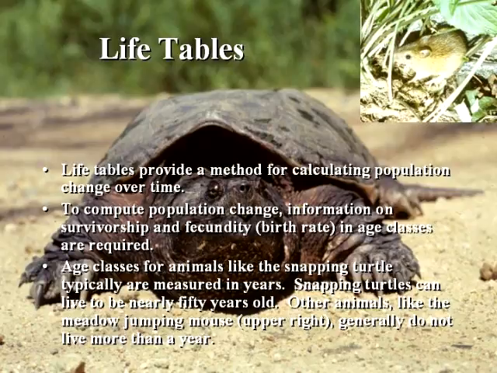So with things like humans and snapping turtles that live a long time, then we're using age classes of years. But how about this little guy in the upper right hand corner of this picture, the meadow jumping mouse? Mice often don't even live a year. And so for an organism like that, that starts reproducing when it's only a few months old, then months are likely to be a more usable age class.